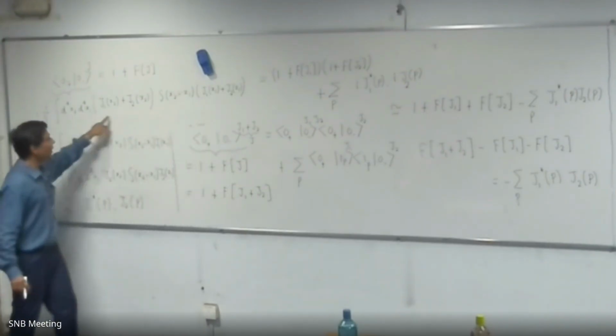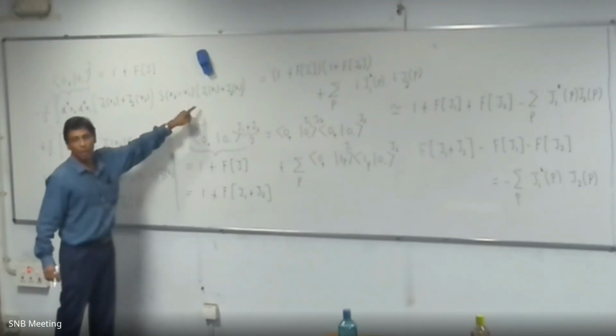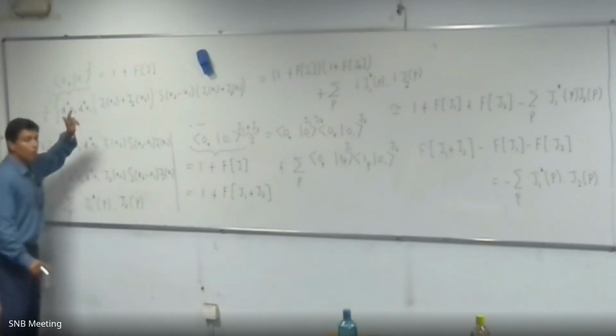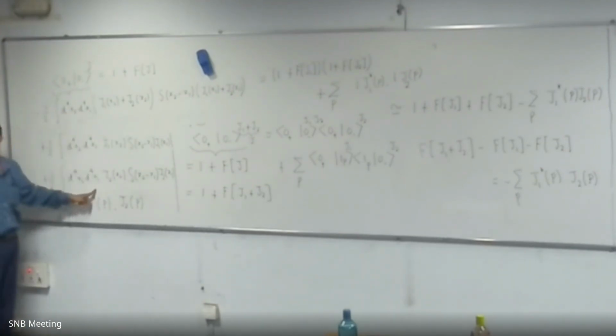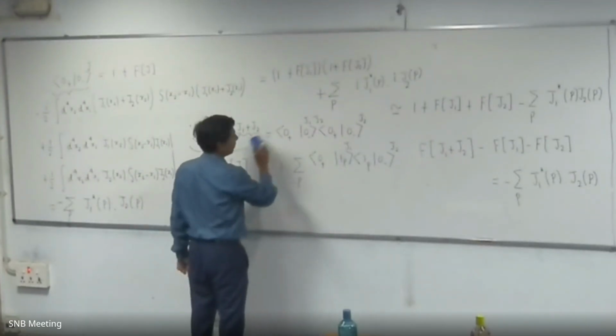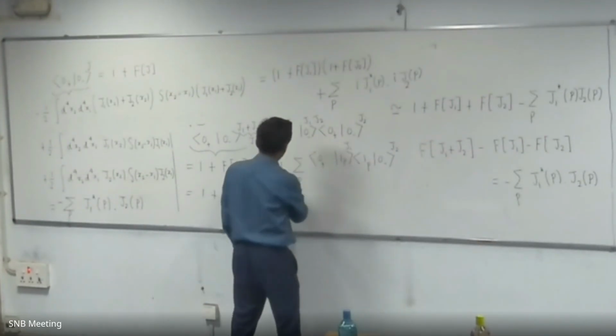So if you multiply these terms here, how many terms will you get? You will get 4 terms. 2 of the terms will cancel these 2 terms, right? It will cancel this part. So if it cancels out, then what we shall get is the following.